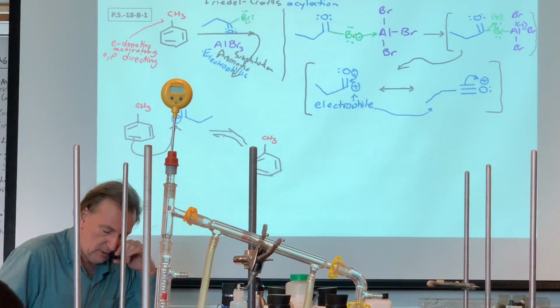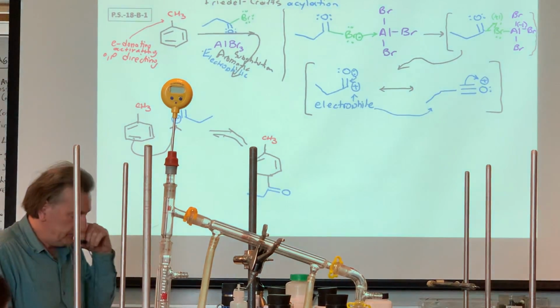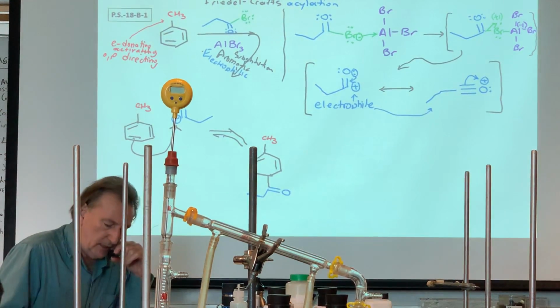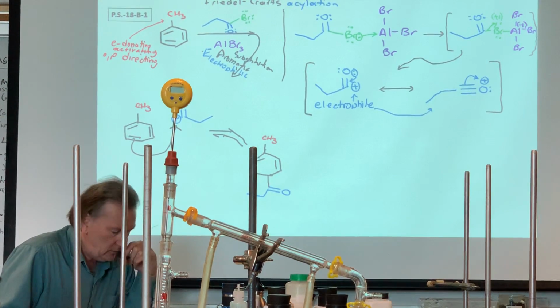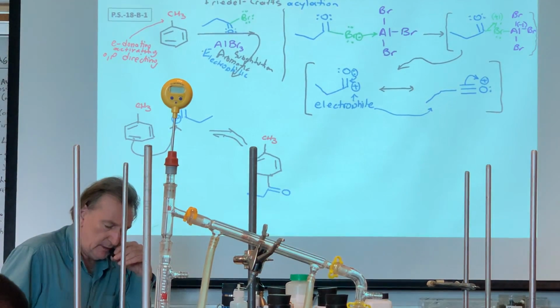So if we have this, then the new bond will be over here, and then you're going to have this carbonyl here and then this here. Now we have a plus charge someplace, right? Where would you put the plus charge in this case?